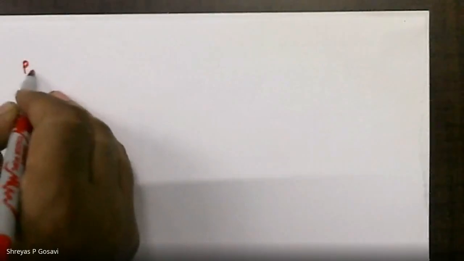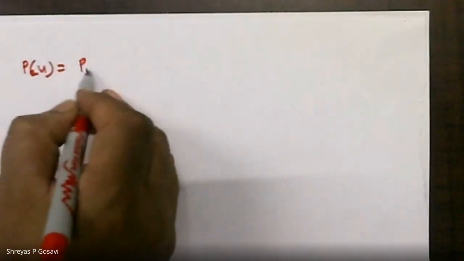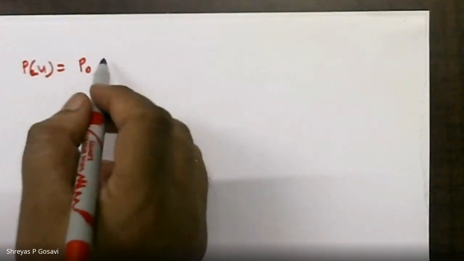It is P(u) equal to P0 into (1 minus u) raised to n.